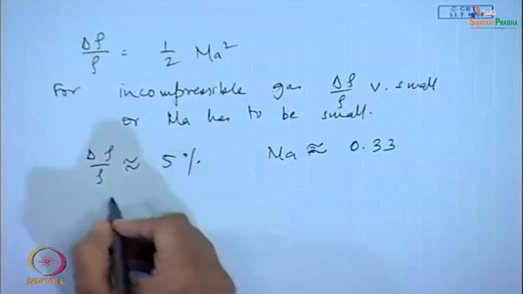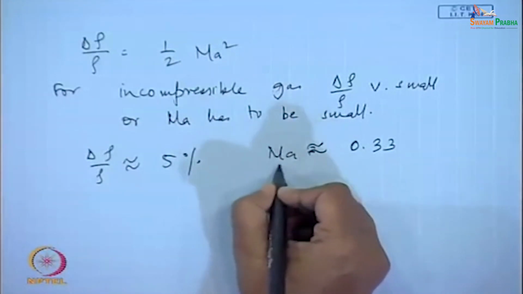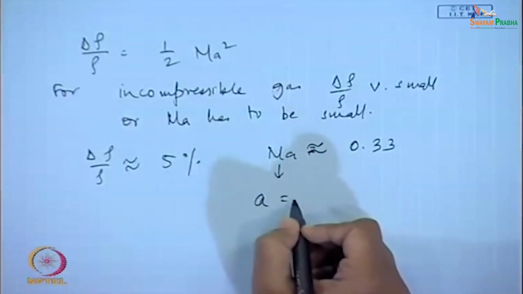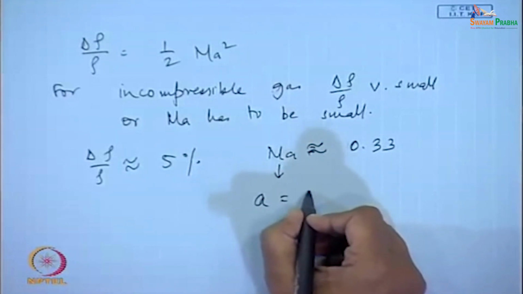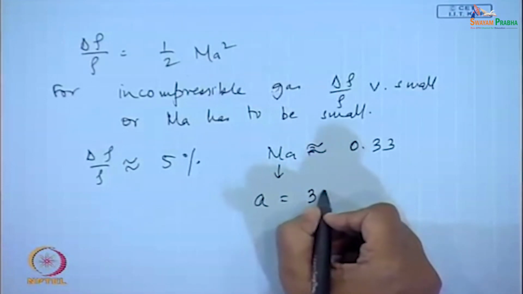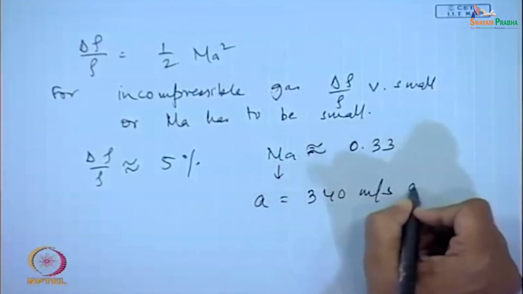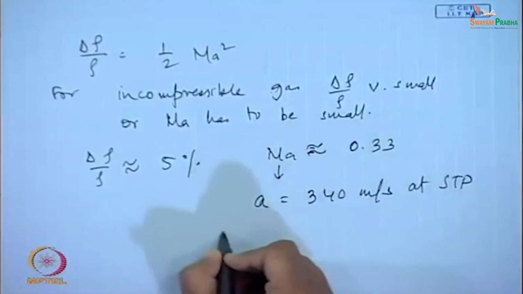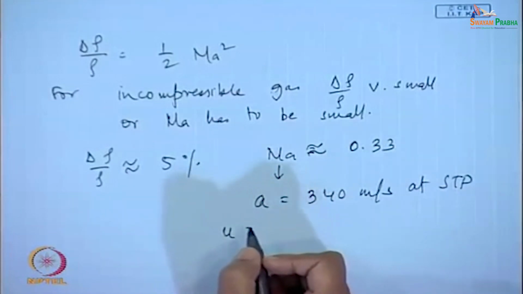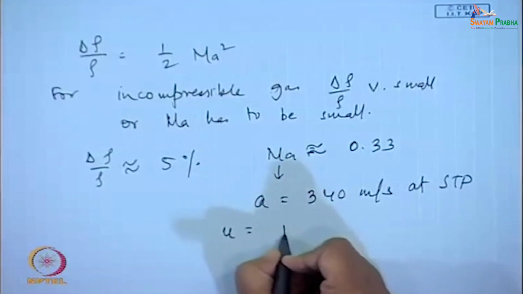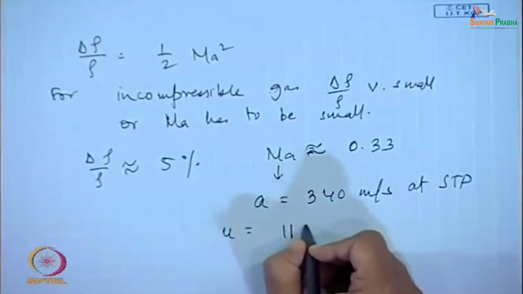Agreed? And corresponding to this particular Mach number, the velocity of sound, we know, is 340 meters per second at STP. So, therefore, this gives you more or less about 110, 112 meters per second.